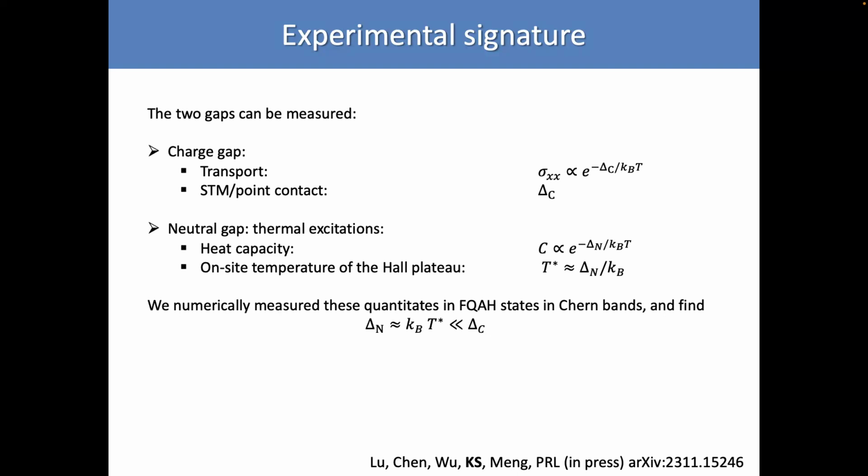They differ by at least one order of magnitude. On the experimental side, for MoTe2, T star, the onset temperature of the quantum Hall plateau, is measured, and the charge gap from thermal activation behavior of longitudinal transport is also measured, and they differ by about one order of magnitude. This qualitatively agrees with the theory picture I described here.